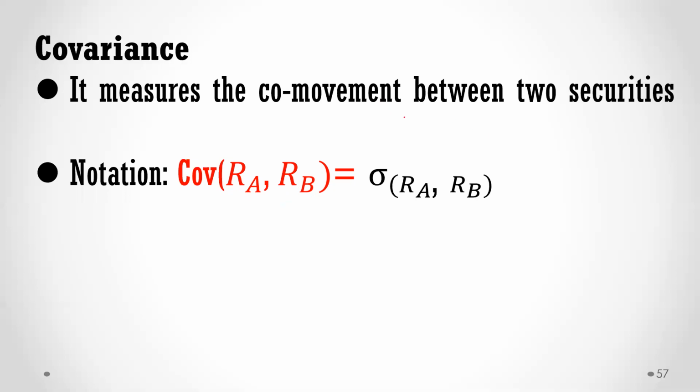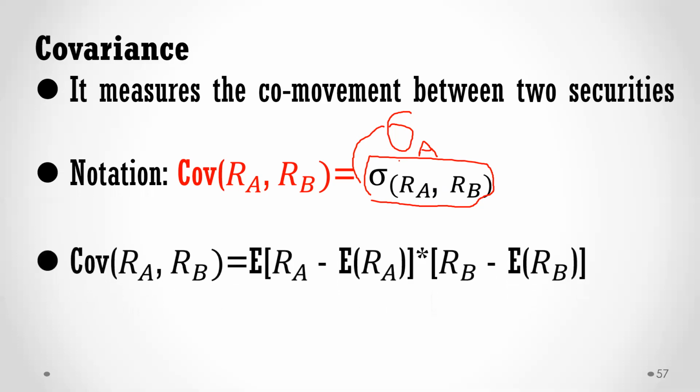We have already discussed in a previous video that sigma A is the standard deviation of A's return, and the covariance also uses sigma, but in a different way. Sigma of return A and return B is the covariance. It tells you the covariance between stock A's return and stock B's return. Please remember the notation.